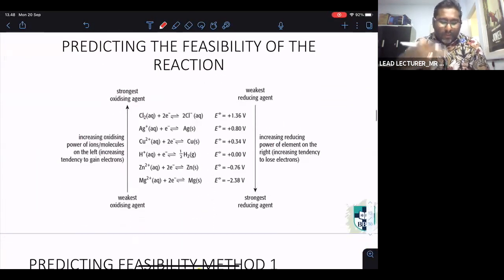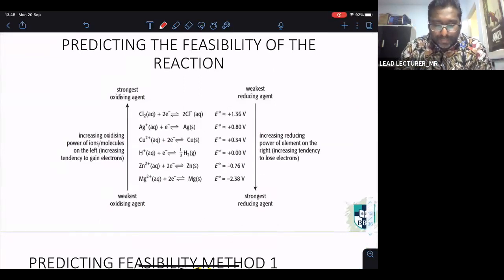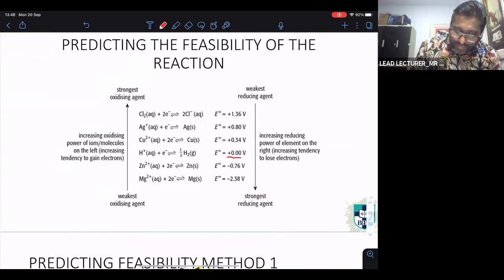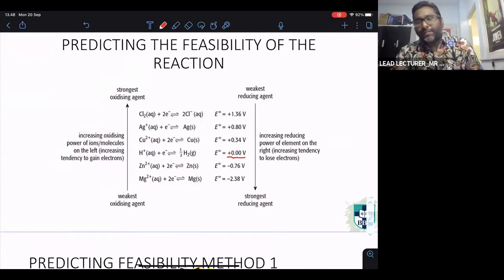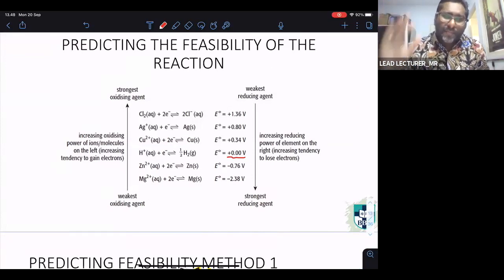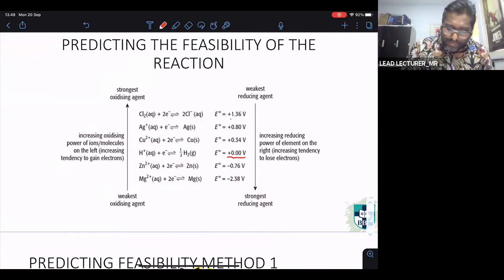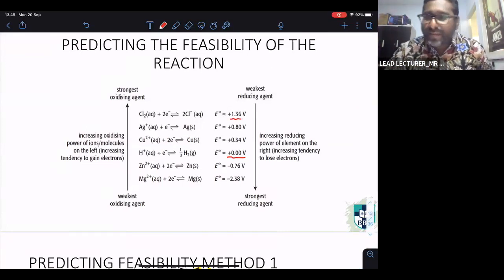Now, we are going to look into predicting the feasibility of the reaction. Predicting feasibility of the reaction is going to be very important. If you look at the way these things are arranged, hydrogen is always 0.00. They have arranged this so that the one with the more positive E standard value is at the top.